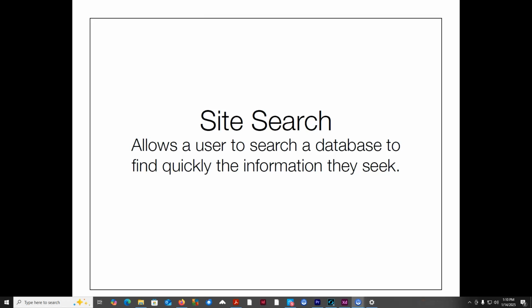Right? It would probably be difficult, and Amazon would probably be tanking right now. All right, so site search is critical when you have a lot of pages, but if you have a 5-page website, a site search isn't really going to do much. So define what you need a site search for, and what's going to help you out with that.